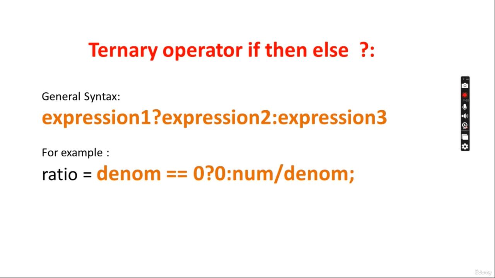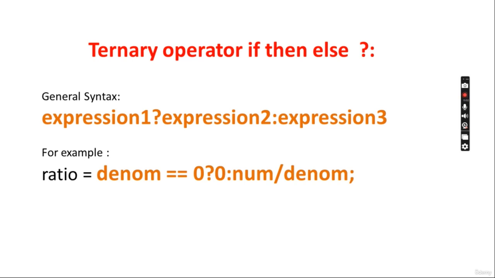And lastly, the last operator we are going to see, that is the ternary operator. The ternary operator is a very simple operator. If you want to perform an operation, like if a particular condition is true, then perform this type of operation, and if the same condition is false, then perform that type of operation.